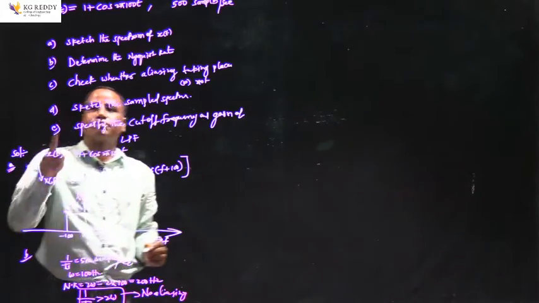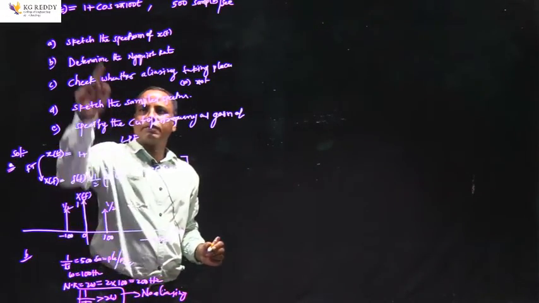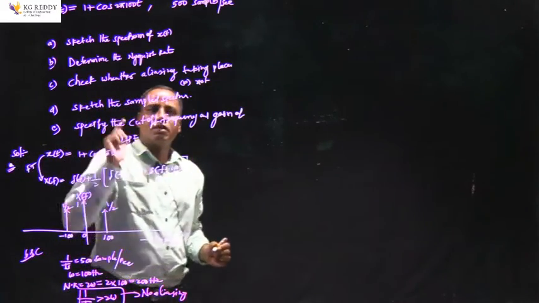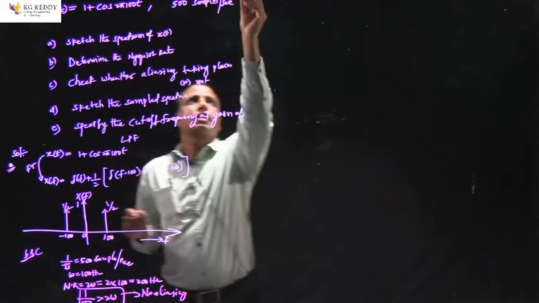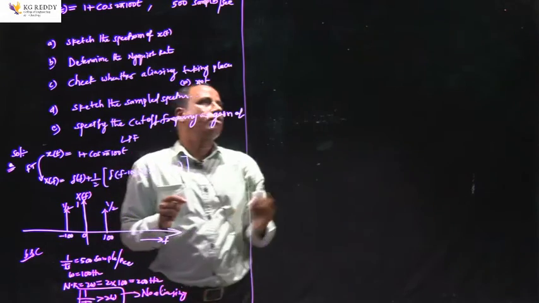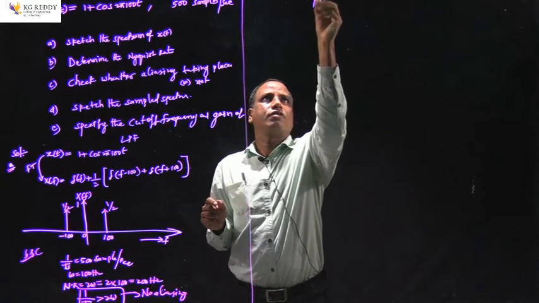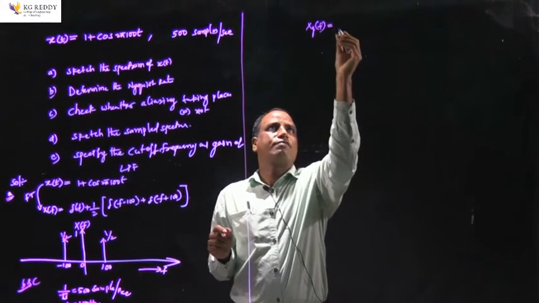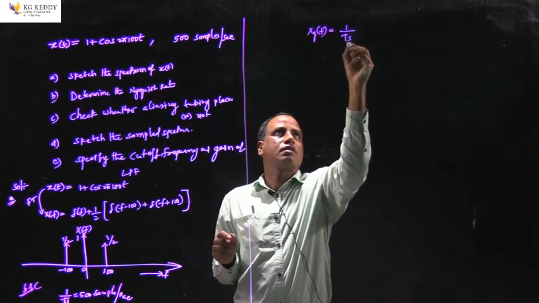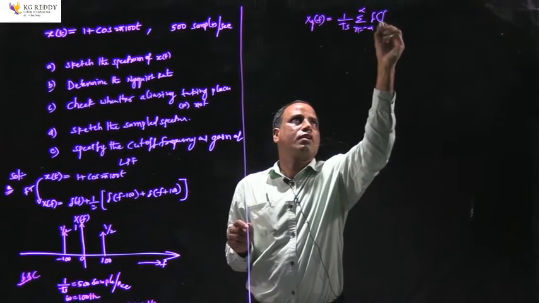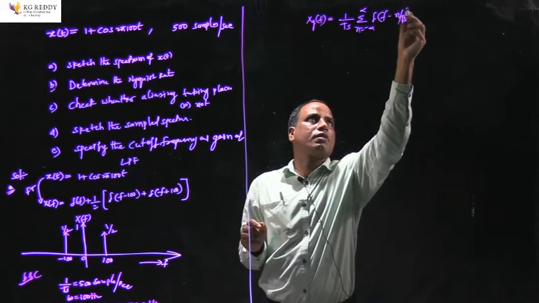And similarly, for the Nyquist rate B and C, I can say B and C. The sampled spectrum. When I say sampled spectrum, already I told you, based on our discussion, the mathematical equation of Xg of f after the sampling is 1 by Ts summation n varies from minus infinity to plus infinity, of X of f minus n by Ts.